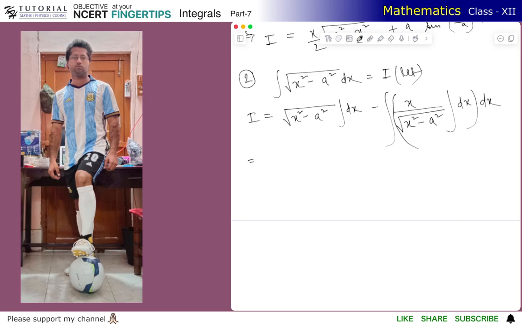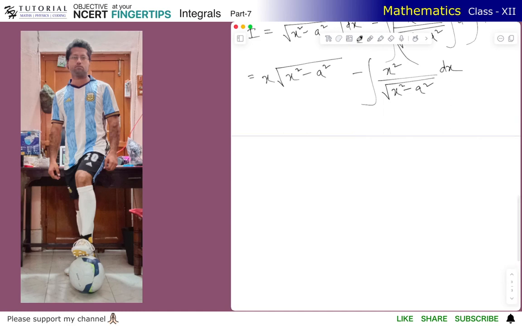The integral of dx is x, so this becomes x into square root of x square minus a square. Now the second term becomes the integral of x square by square root of x square minus a square dx. The solution is very similar to the previous one.